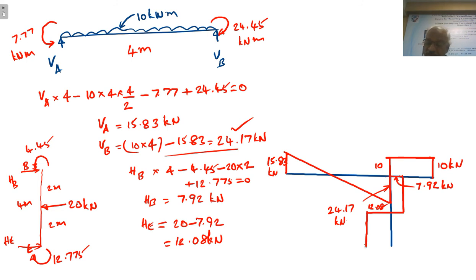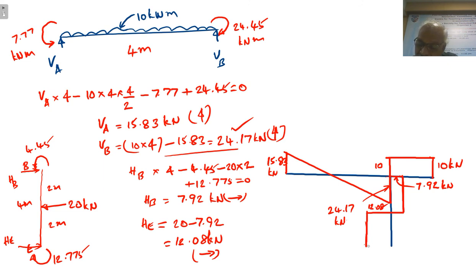So now we are here. Now HE equal to 12.08 towards right. This is also towards right. This is in the upward direction. This is also upwards. So direction is very important, right?